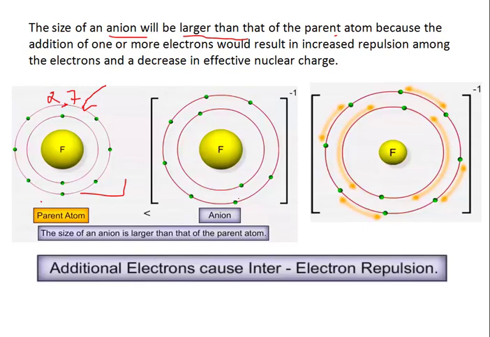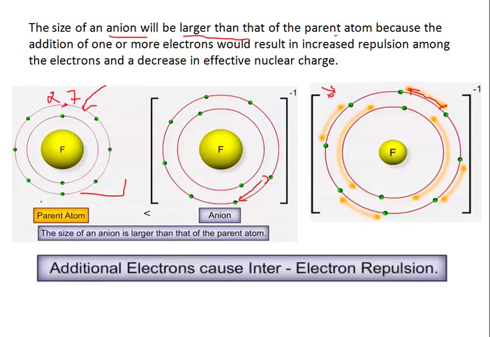Reason being that due to entry of electron, there is inter-electronic repulsion, as you can see in this figure. The arrows show that these electrons which are present now tend to repel each other. And when repulsion takes place, the effective nuclear charge decreases. And due to decrease in effective nuclear charge, this leads to increased radii.